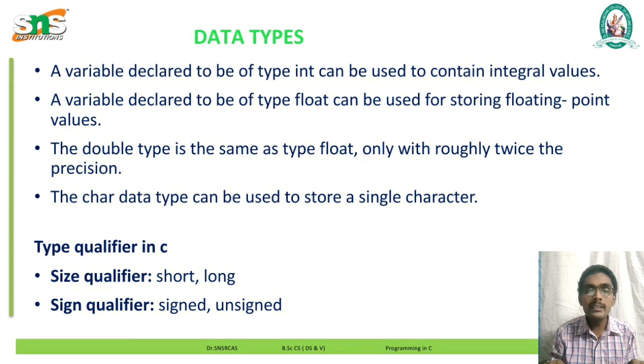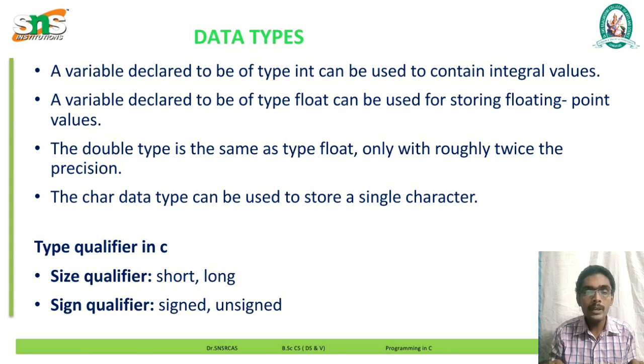A variable declared to be of type int can be used to contain integral values only, that is, values that do not contain decimal places. A variable declared to be of type float can be used for storing floating point numbers, which are values containing decimal places.